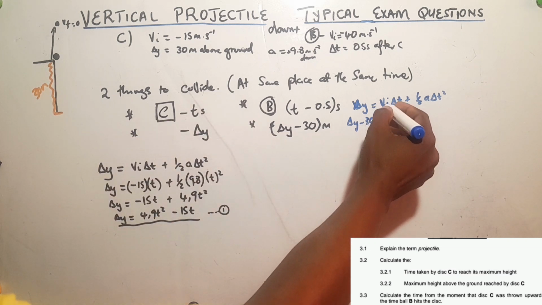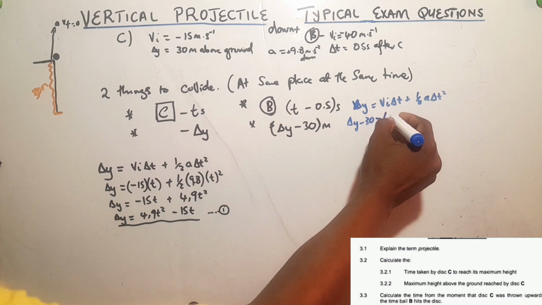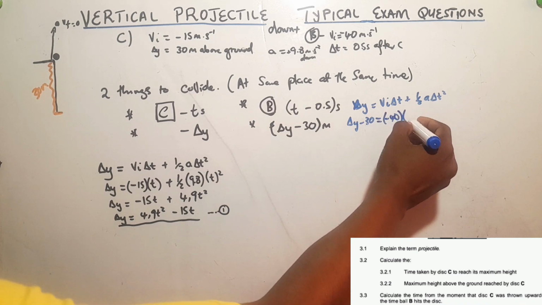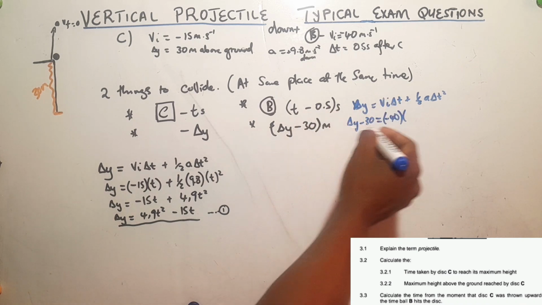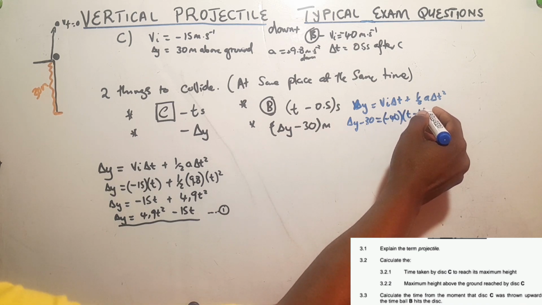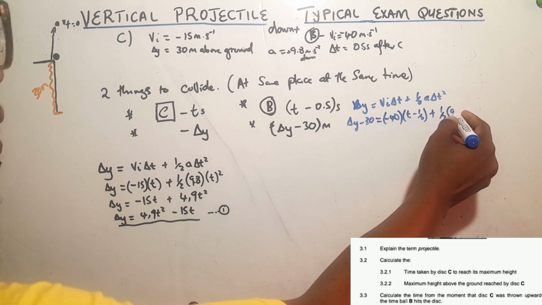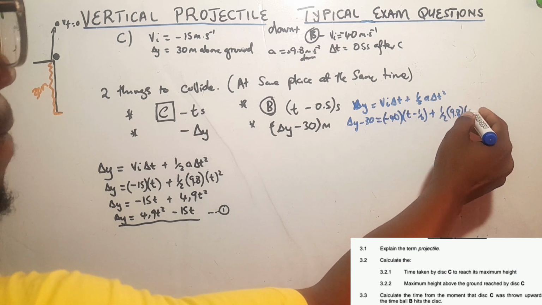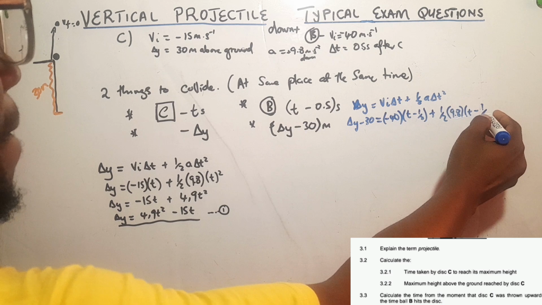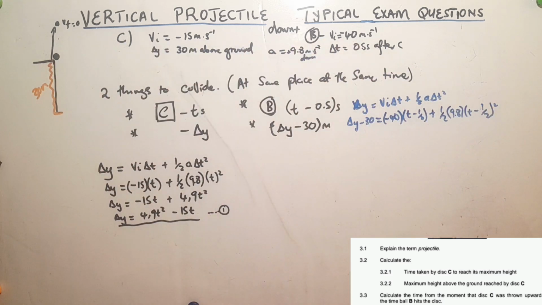This should equal v initial. This was shot at 40 meters per second. So this is negative 40 multiplied by the change in time, which is t minus 0.5, which is half, right? Plus half 9.8 times t minus half squared, like that, right?